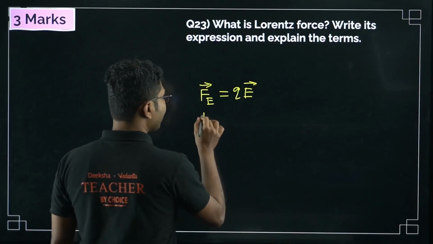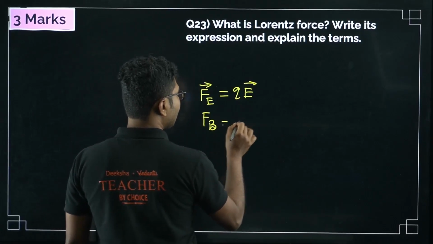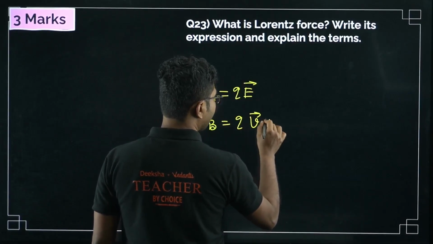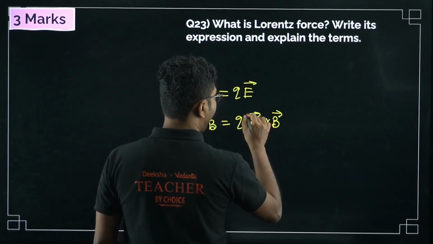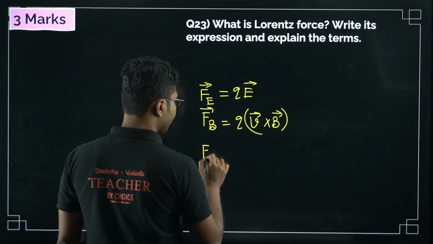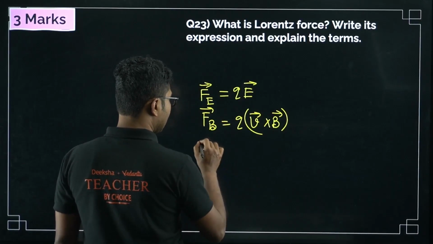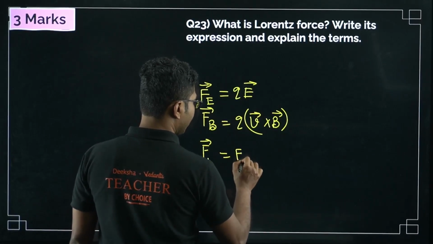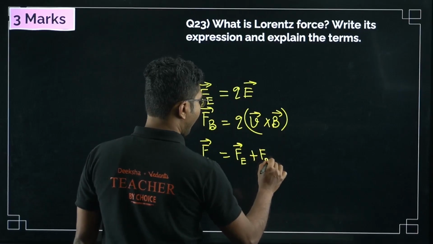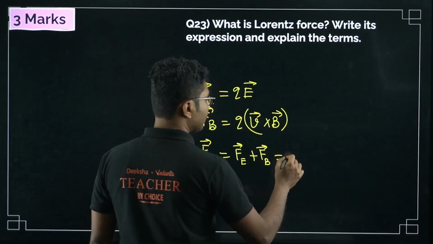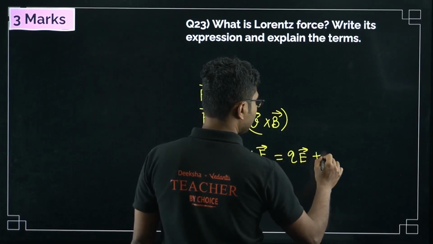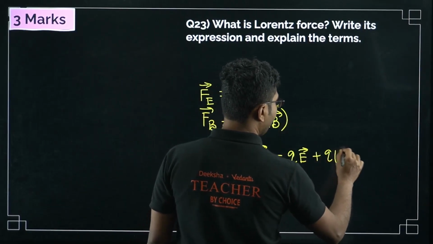The magnetic force is basically given by q into v cross B. So the expression is, the Lorentz force F_L is basically F_E plus F_B, that equals qE plus qv × B.